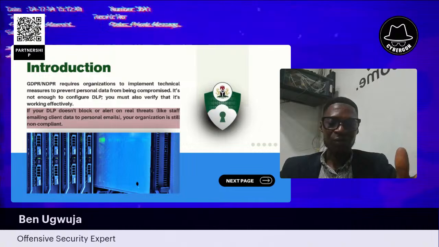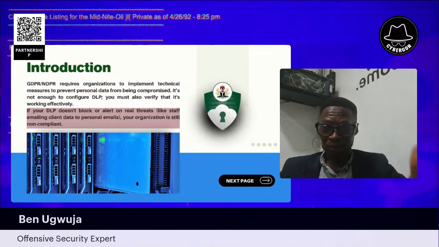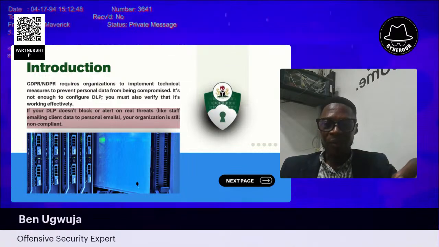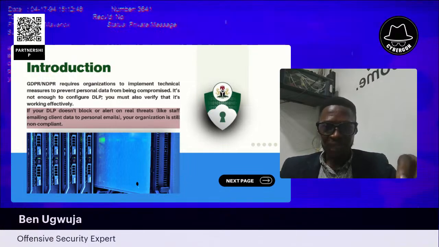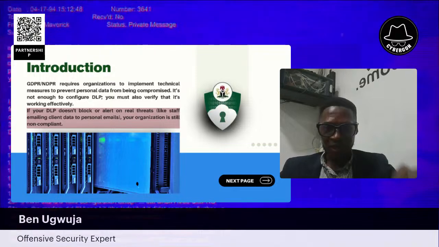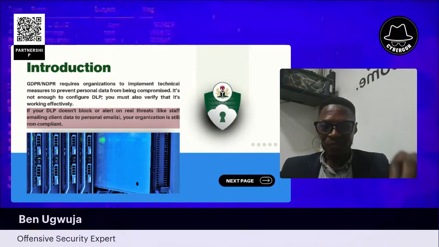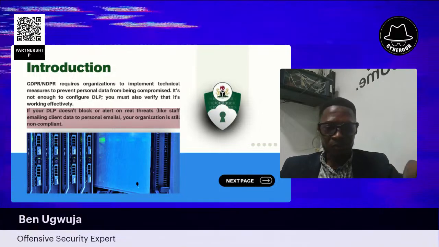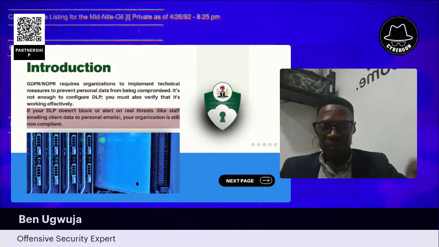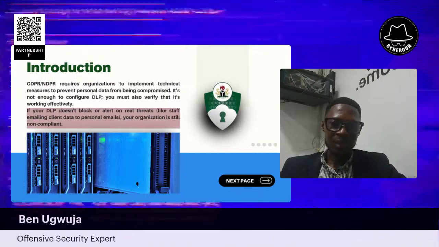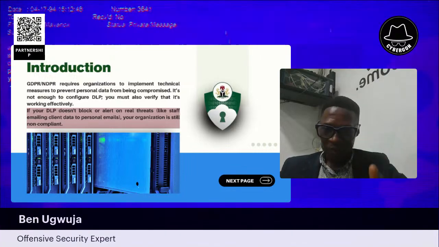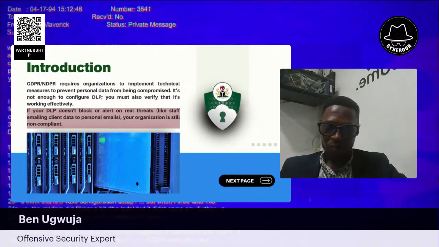If you know how to implement and configure, it's not enough. According to that regulation, you must also verify that it's working effectively. The problem we're having is that people implement, they deploy, and they do not verify. That you have tested it today and it's working fine does not mean it will not stop working tomorrow.